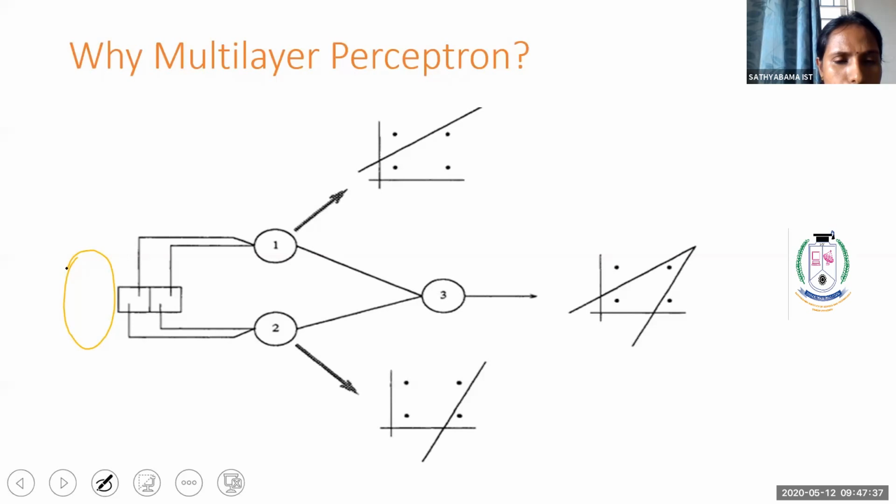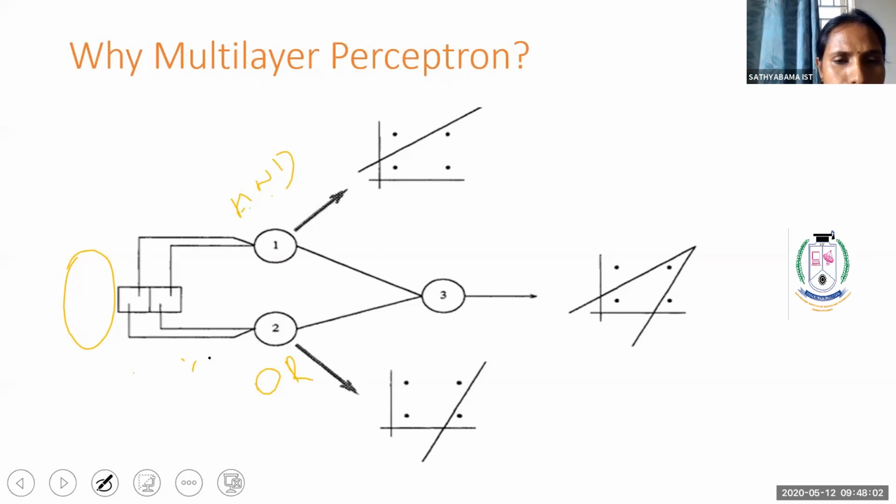The next layer will produce your AND operation, and this one will produce your OR. So by developing a single layer perceptron, you get the output of your AND operation, and by using this single layer perceptron, we get the output of your OR operation.